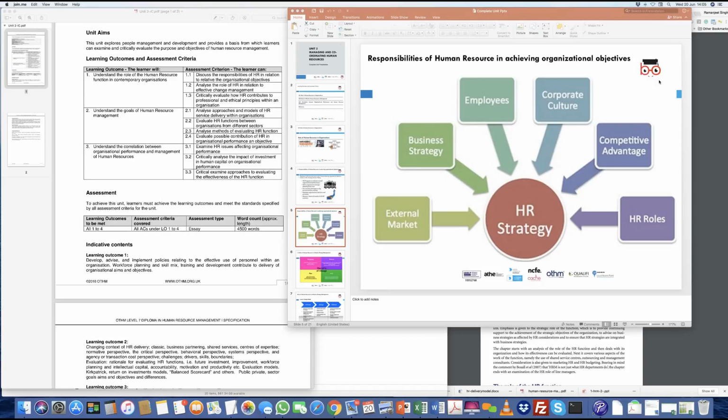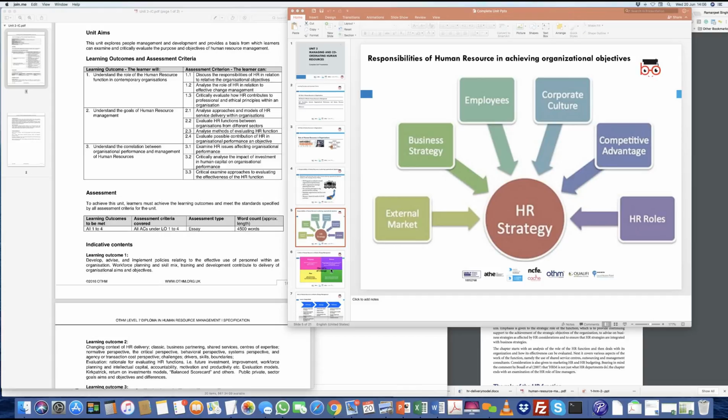In some cases, if the business is operating in different geographies, they are also looking at their competitors and the general market situation which could affect their business. And that all influences how HR creates a human resources strategy.